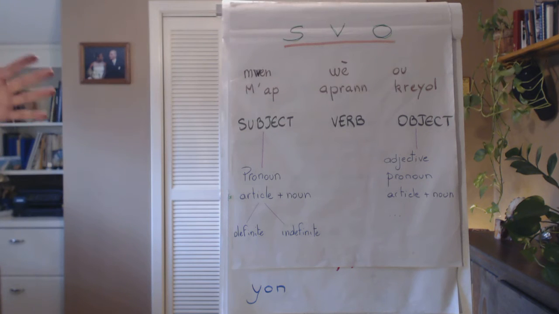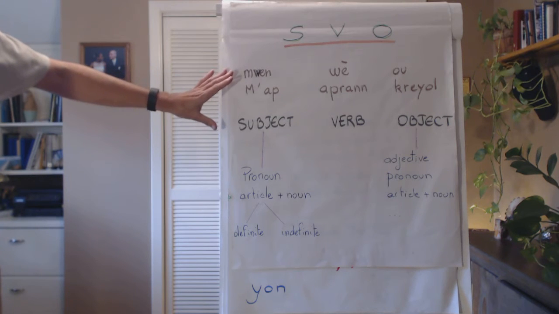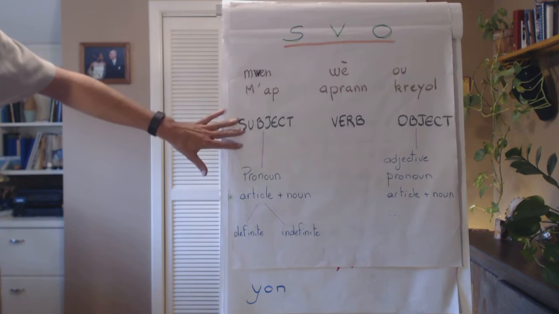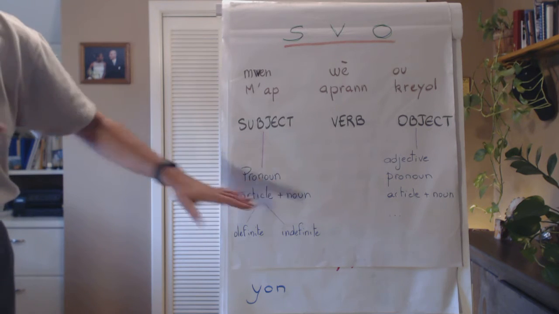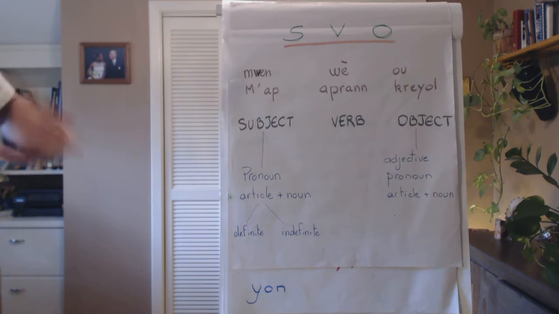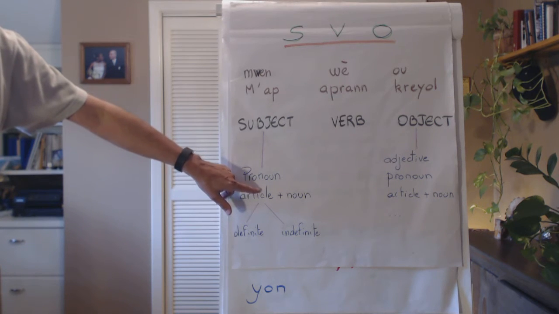But our purpose, which is to learn this language, we want to make it simple, right? So the subject is going to be a pronoun or an article plus a noun. Today, we are going to look at the articles and nouns.